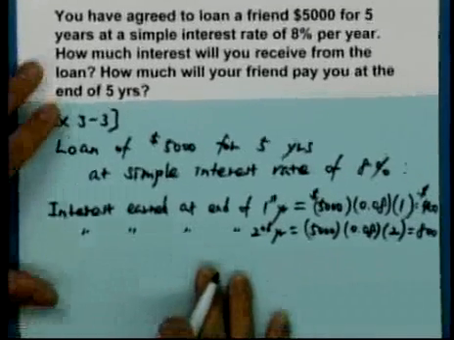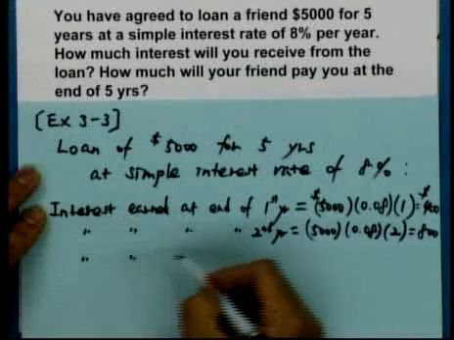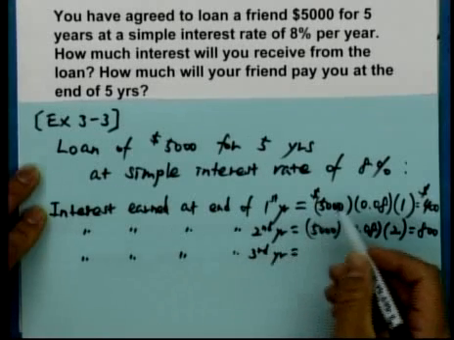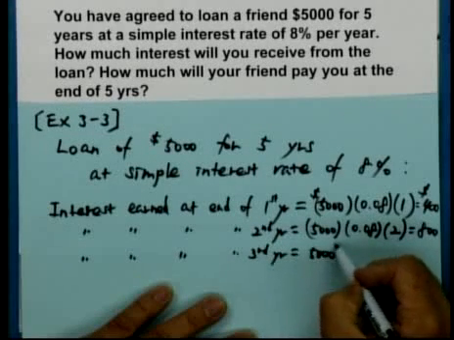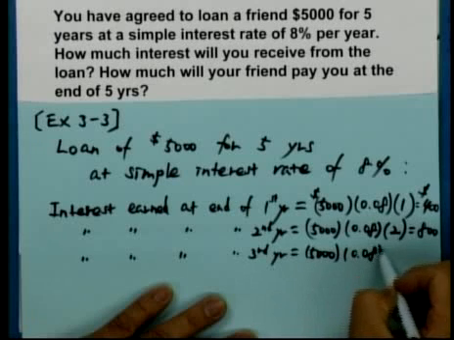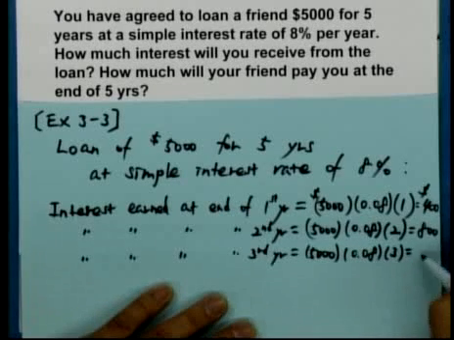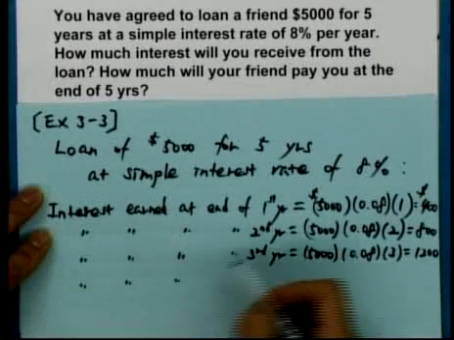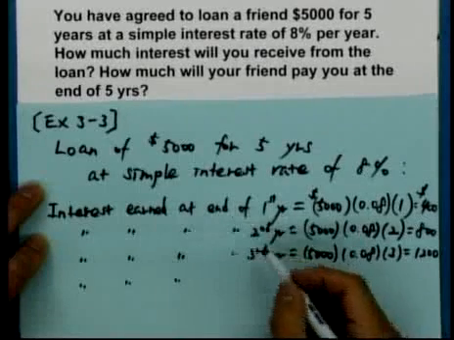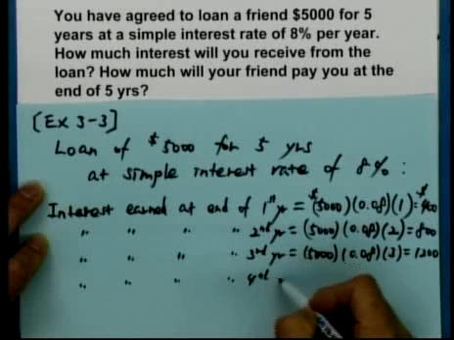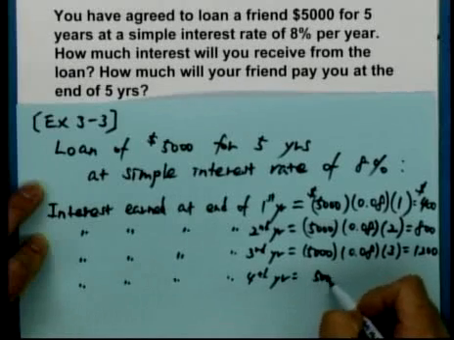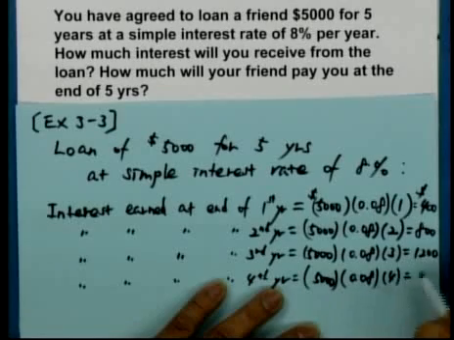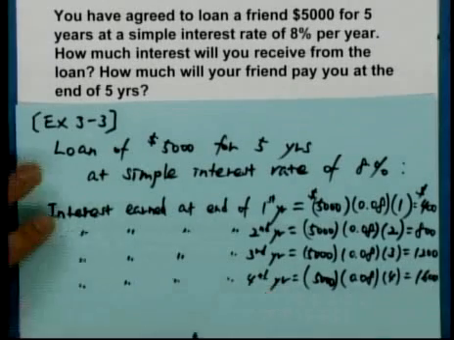Okay? The same way, interest earned at the end of the third year would be 5,000 times 0.08 times 3. How much is that? $1,200. So in this way, you can get the interest earned at the end of the fourth year, 5,000 times 0.08 times 4, which is 1,600.